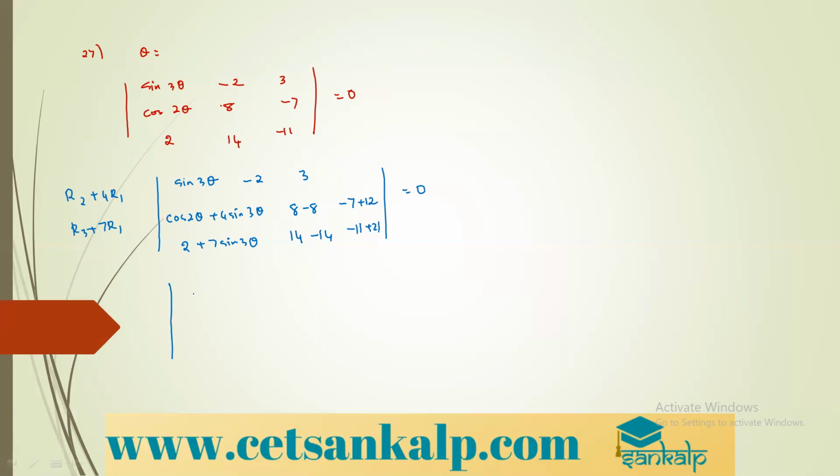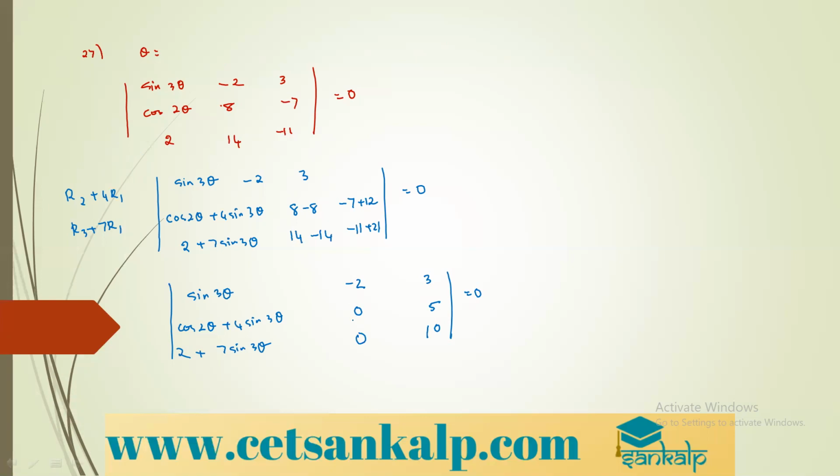In that way, I am getting sine 3 theta, cos 2 theta plus 4 sine 3 theta, 2 plus 7 sine 3 theta, then minus 2, 0, 0, 3, 5 and 10 equal to 0.